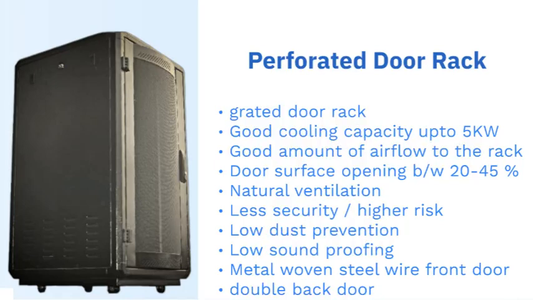That's why it provides natural ventilation, but it provides less security and is prone to more risks. That's why it provides low dust prevention and low soundproofing, and it has a double back door to provide more security.